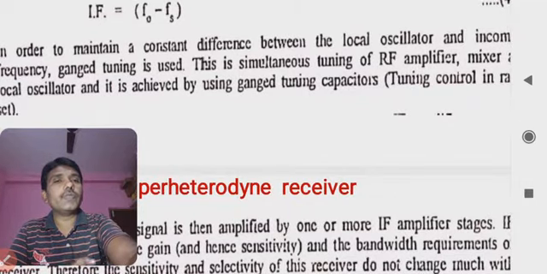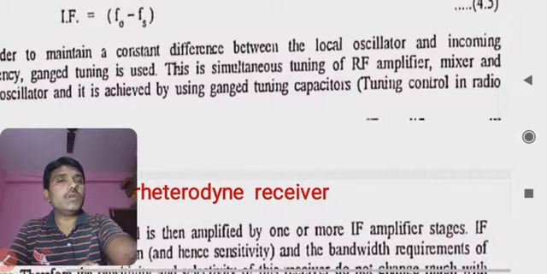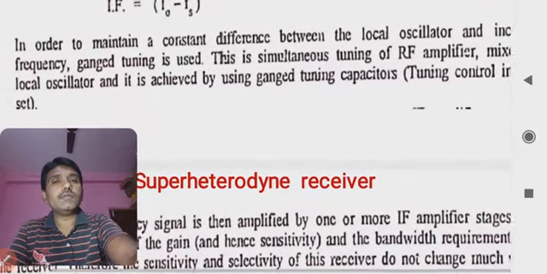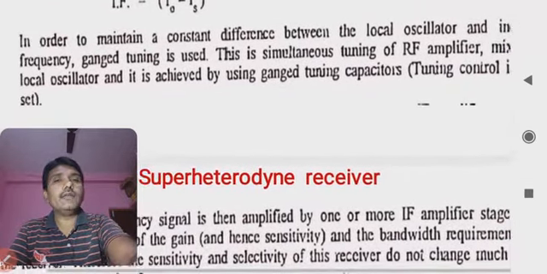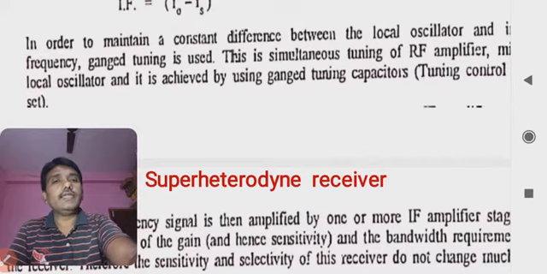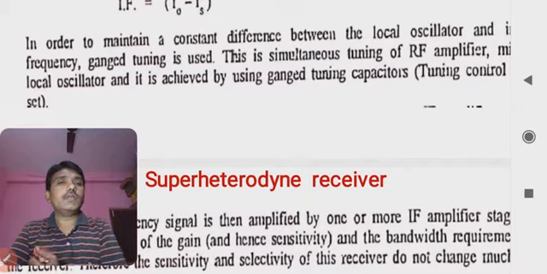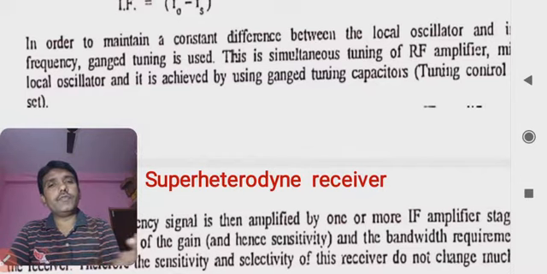This is the simultaneous tuning of the RF amplifier, mixer and the local oscillator, connected with the ganged tuning with the capacitor, the tuning control setup, and this is how the frequency variation is maintained.